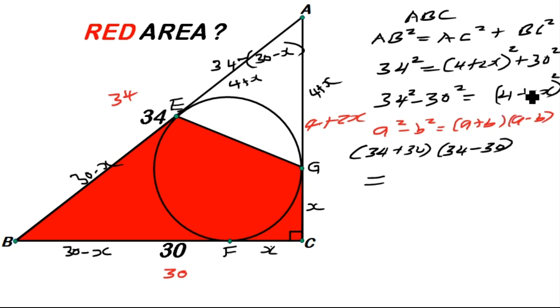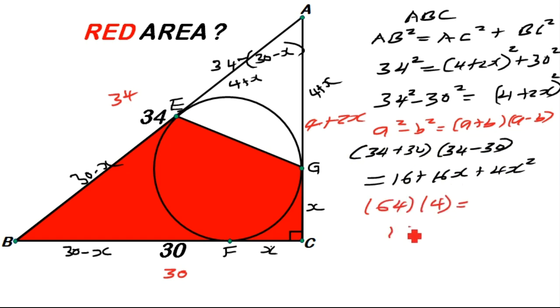If you expand, you get 4 squared will be 16, plus 4 times 2x is 8x times 2, that is plus 16x, then 2x squared gives 4x squared. If you simplify, 34 plus 30 is 64, times 34 minus 30 is 4. The whole of that is equal to 16 plus 16x plus 4x squared.